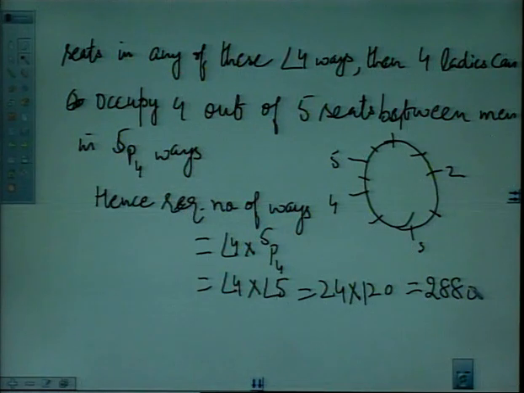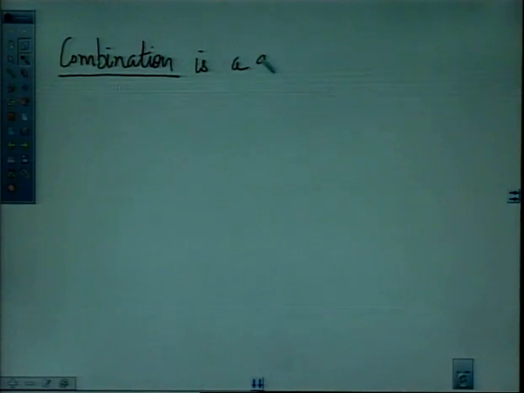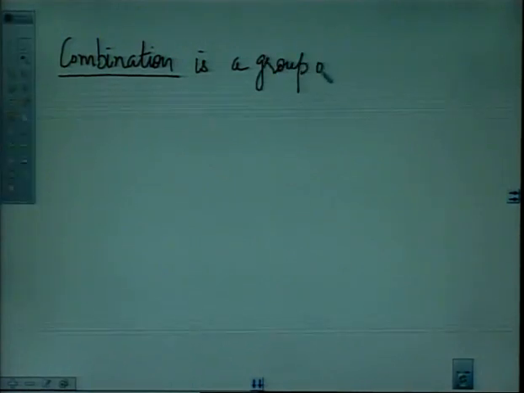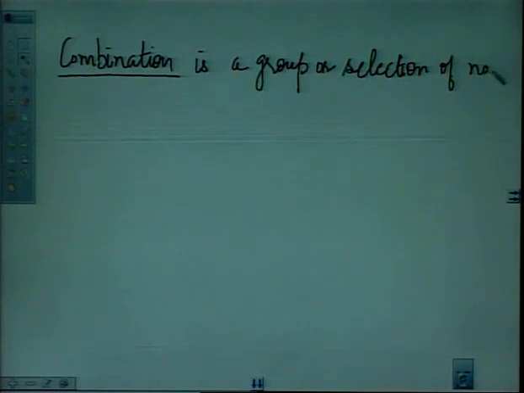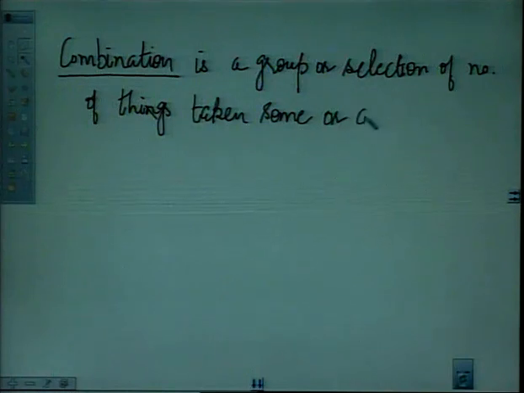Now, let us come to the last point, combinations. What is a combination? A combination is a group or selection of number of things taken some or all at a time.